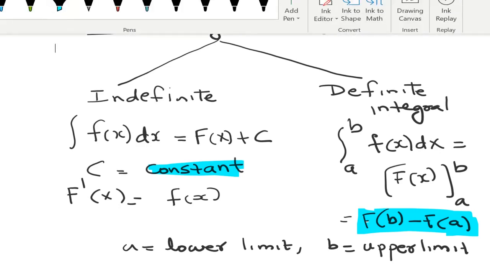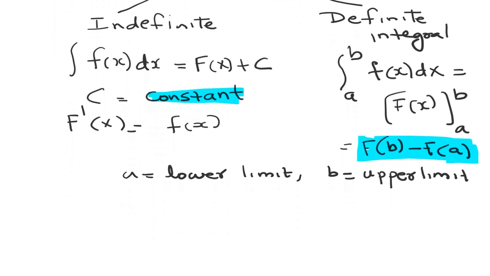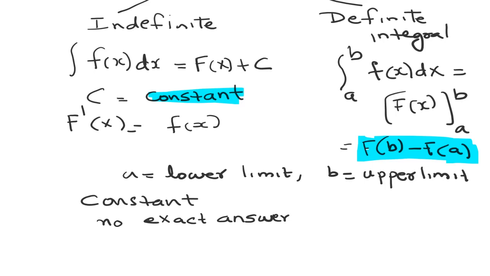So just to conclude, the main difference between indefinite and definite integral is, in an indefinite integral there will be a constant. We will not get an exact answer, and there are no limits or boundaries.